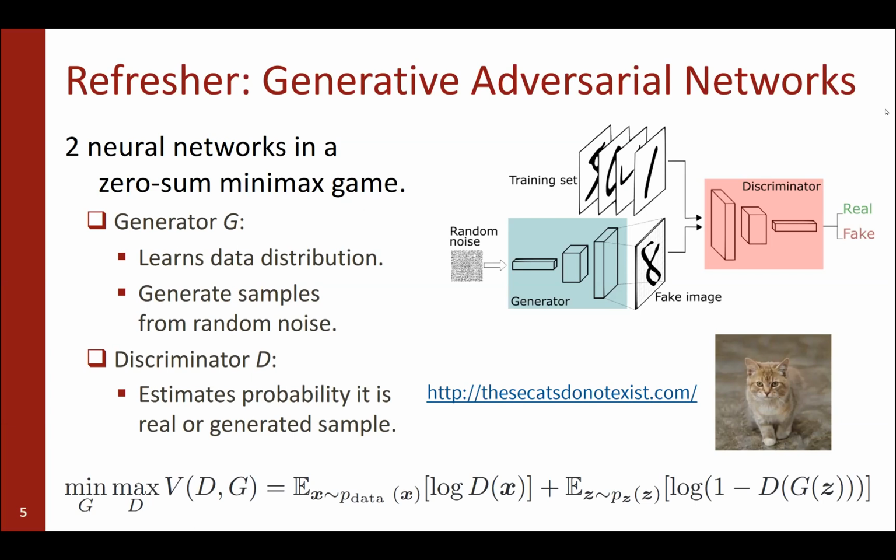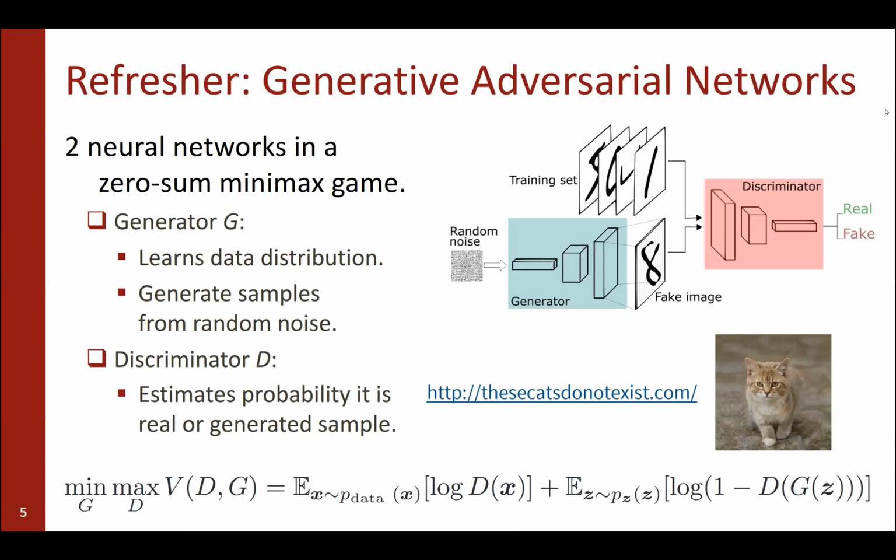So you have a generator G that learns the data distribution, and then when it's trained, it can generate samples of whatever you want to generate from pure random noise. And then on the other hand, you have the discriminator D that tries to estimate the probability that the sample it is seeing is a real or generated sample.